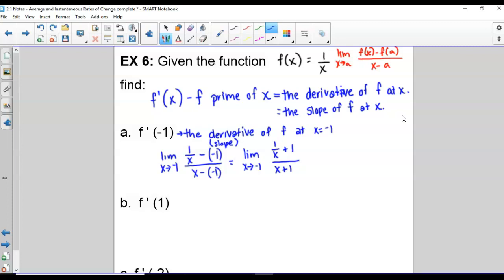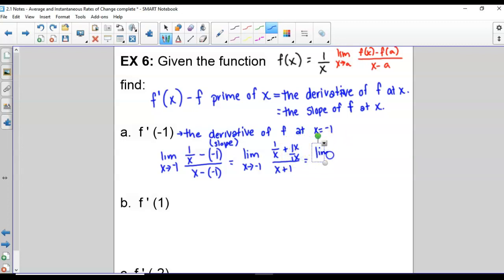Okay, questions so far? Alright, for this we're going to need to get common denominators. So Lily, what would we do to get common denominators here? And just in that numerator. We can't just divide it by x, but we could multiply the top and the bottom by x, so we'll have x in that denominator there.